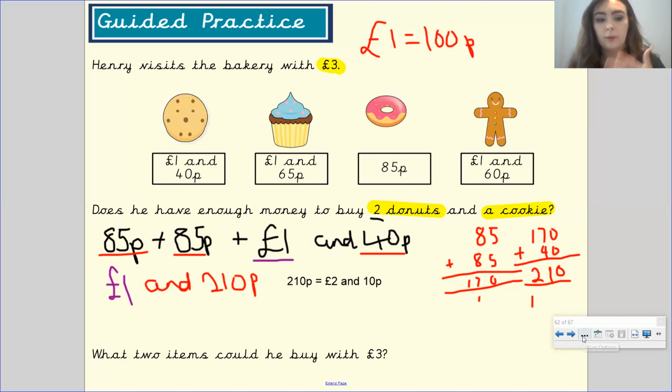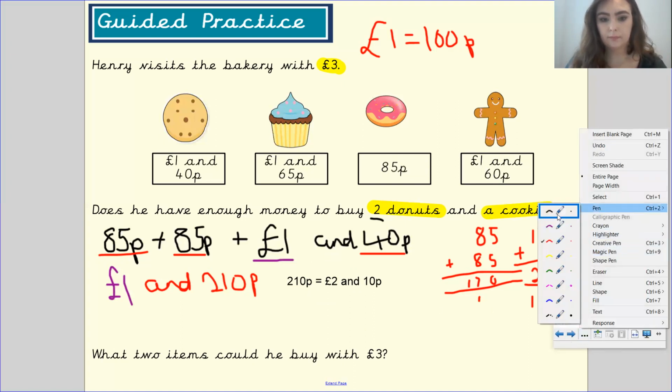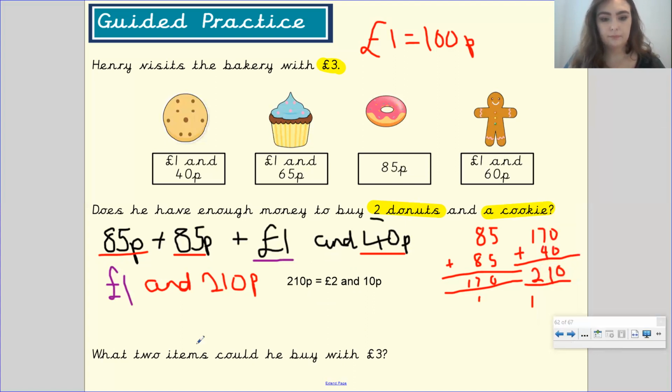What do you think we're going to do next? Pause the video and have a think. Okay, well done. So we're going to add the £1 and the £2 here, which gives us £3 and 10 pence.